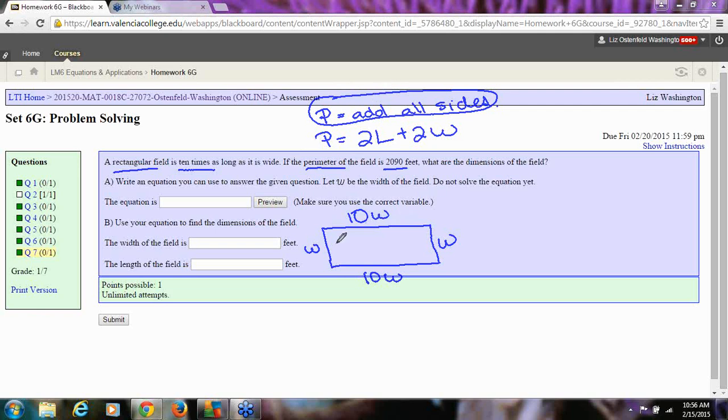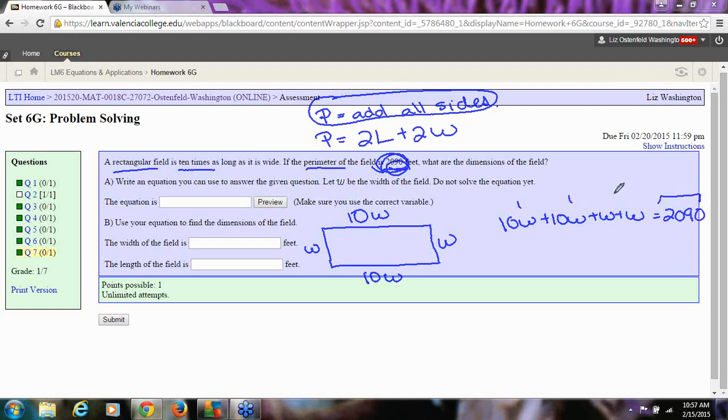So if I add all 4 of these together, they should equal this, right? So I'm going to have 10W plus 10W plus W plus W equals 2090, because this was the perimeter they gave me.